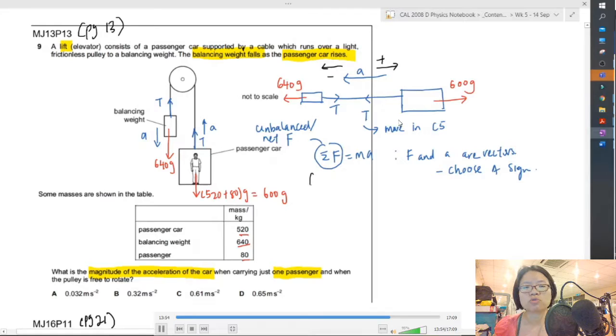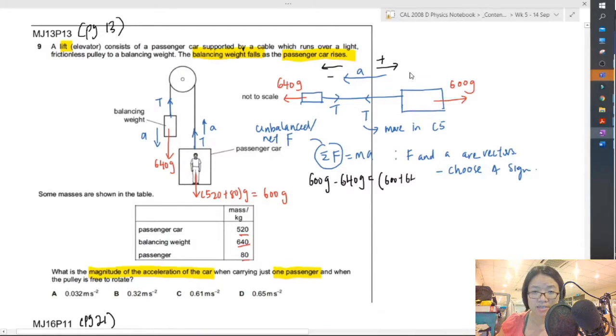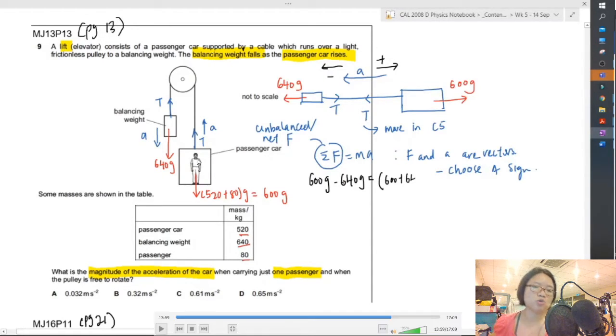Alright, so I'm just going to stick to good old right is plus, left is minus. So if right is plus and left is minus, I will see that this is 600g minus 640g. Okay, this will be equal to the total mass of the entire system because it moves together, right? So it would be the mass of the passenger, the car, and also the balancing weight.